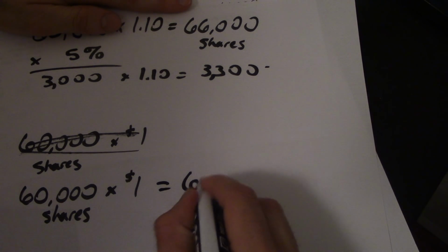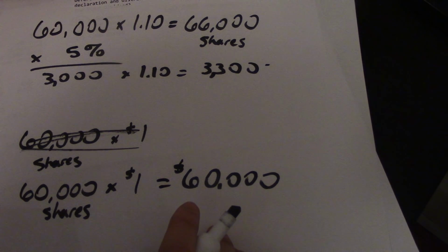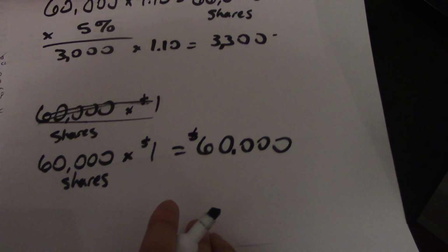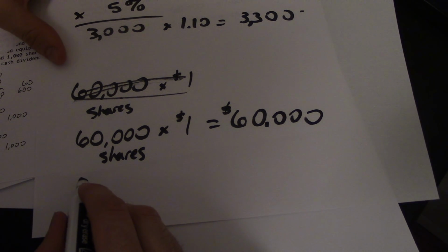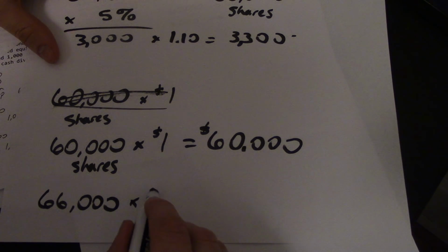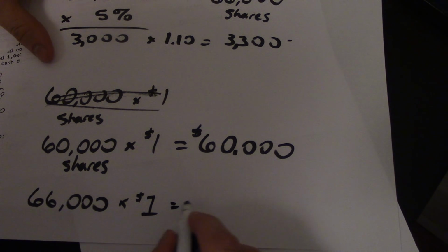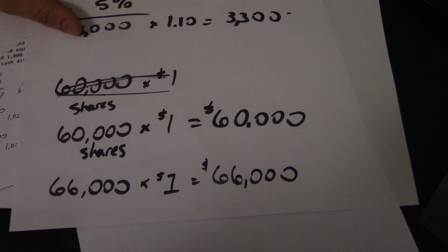This information isn't in the problem. So before the stock dividend, the value of our common stock is $60,000. After the stock dividend, we increased the number of shares to 66,000. We've still got $1 each, so the total value is $66,000.